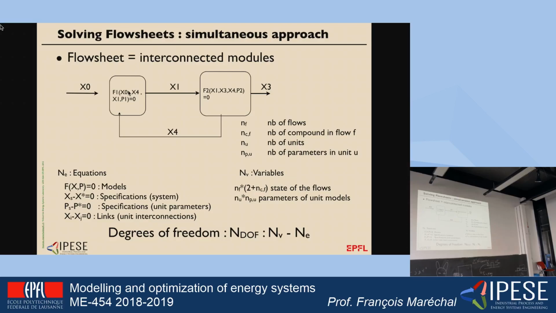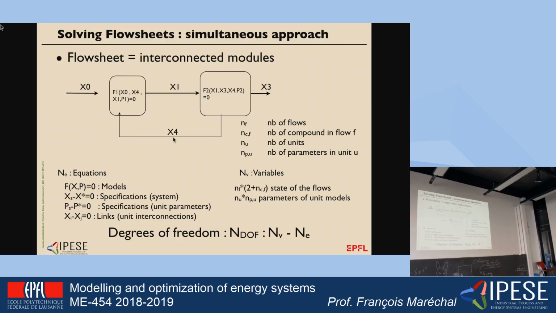So what does it mean? It means that I will have to do the degrees of freedom analysis by making the sum of all the equations that are in all the modules that I have in my flow sheet, and the sum of all the variables that I would like to know, meaning that I will have the inventory of all the flows in my system, and for each of them, make the list of compounds concerned to identify the number of variables that I would like to know.